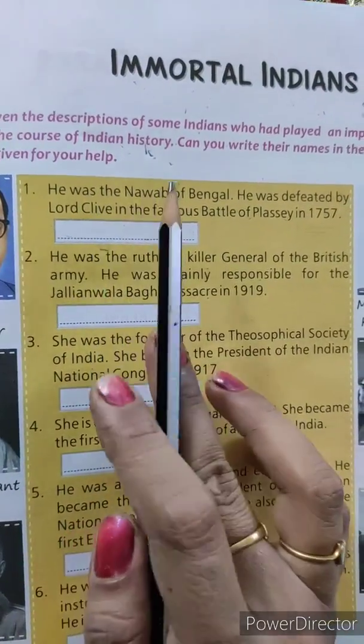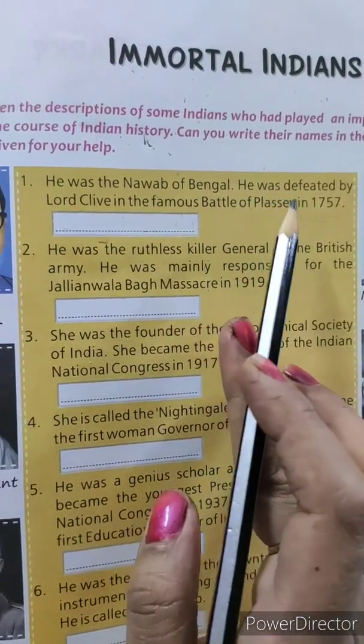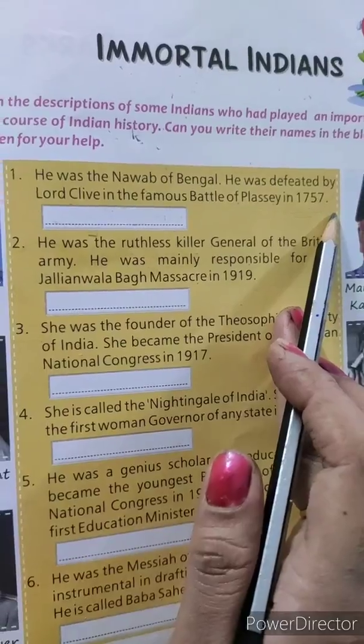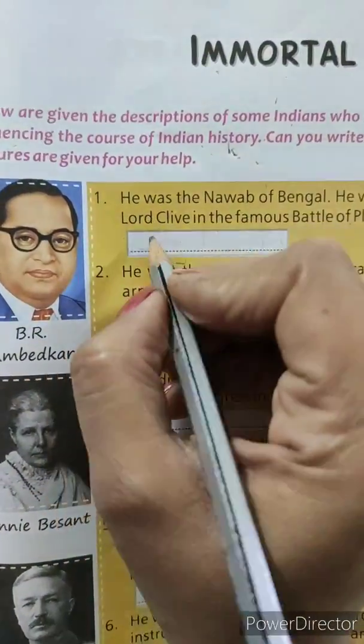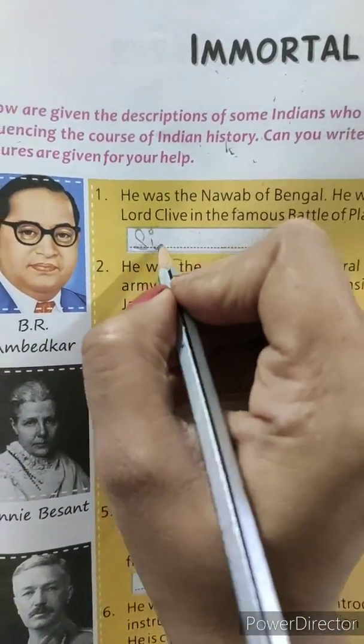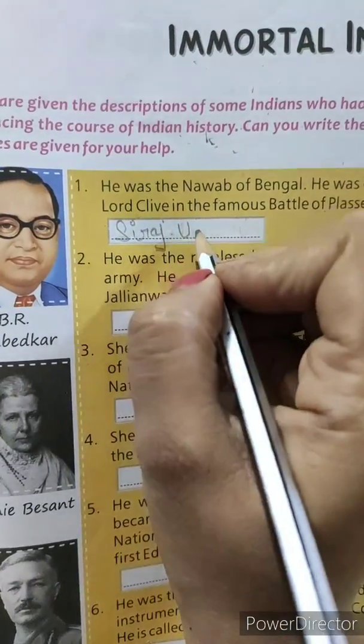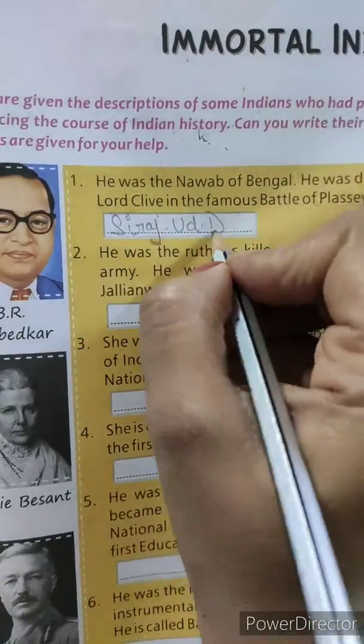Means Lord Clive defeated Siraj-ud-Dowla in the Battle of Plassey in 1757. So we will write over here Siraj-ud-Dowla.